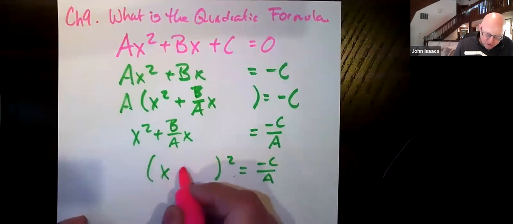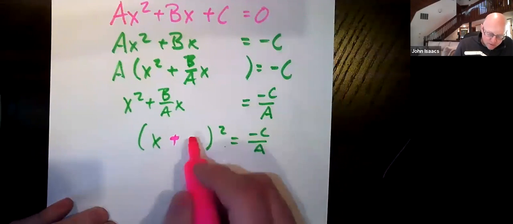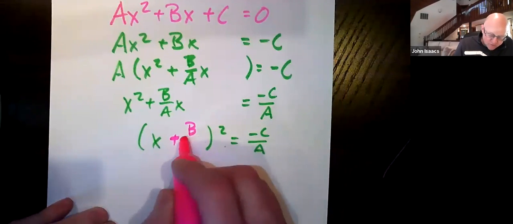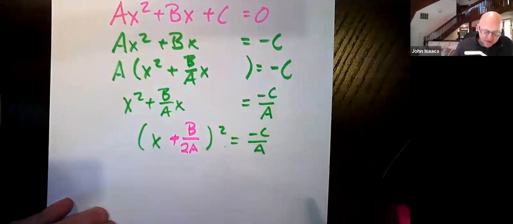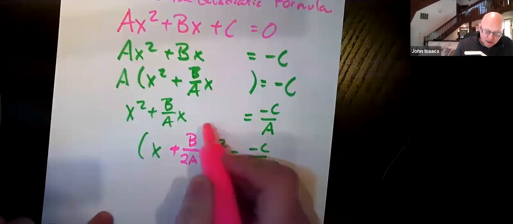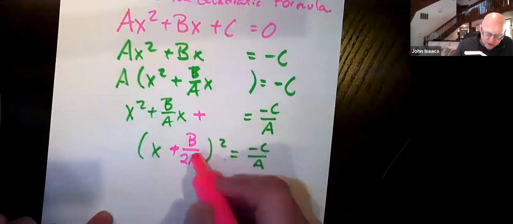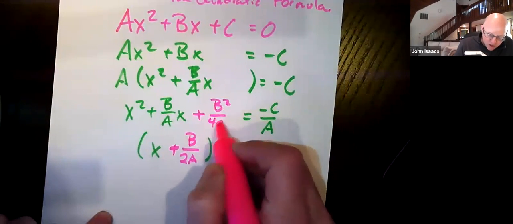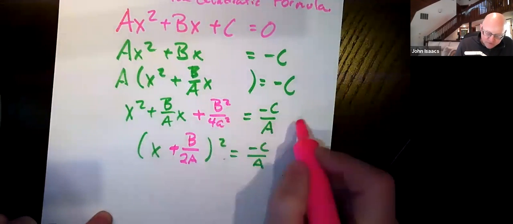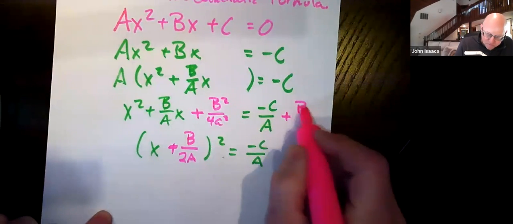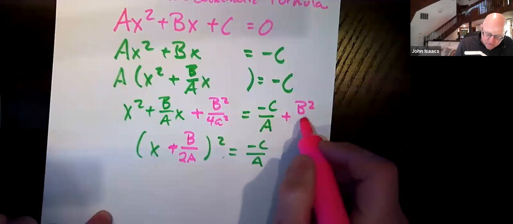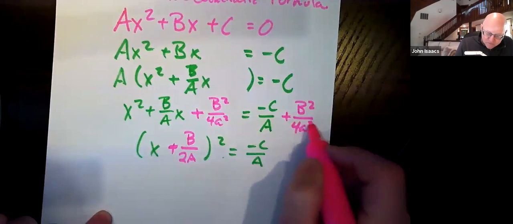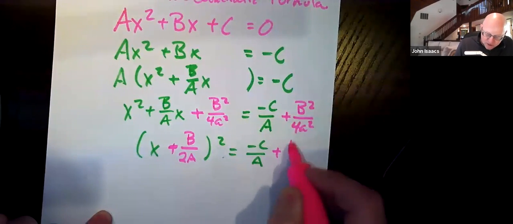So this is going to be plus b over 2a, right, that's half of b over a. And then here, we wind up having to add this squared, so that's going to be b squared over 4a squared. And if we do that, we have to add this to the other side as well, over 4a squared. Okay, so we have this now.